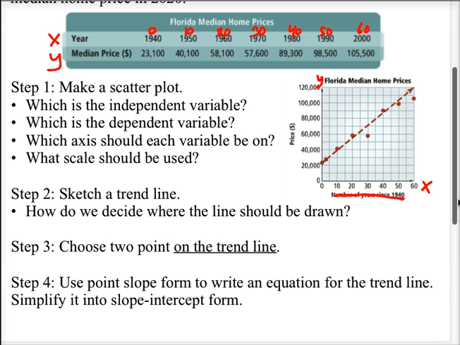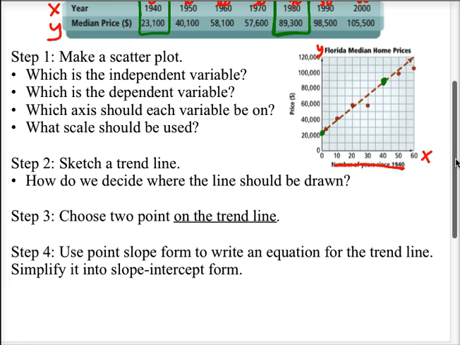So I could choose this point here. Okay, that point is basically on the trend line. And there's not another one that's exactly on it, but that one's pretty close. All right, so you want to choose 2 points that are either on or extremely close to the line that you just drew.